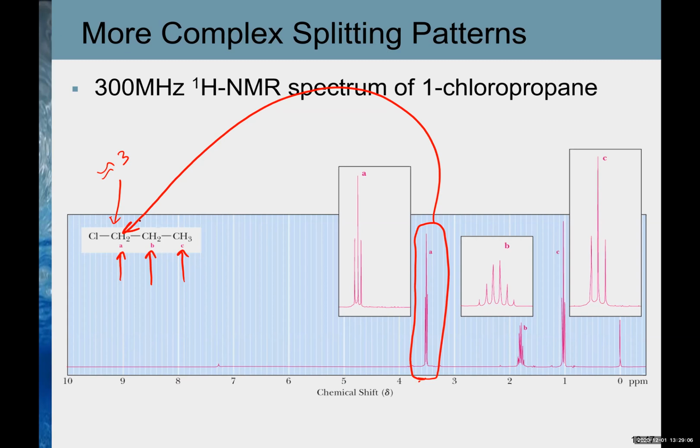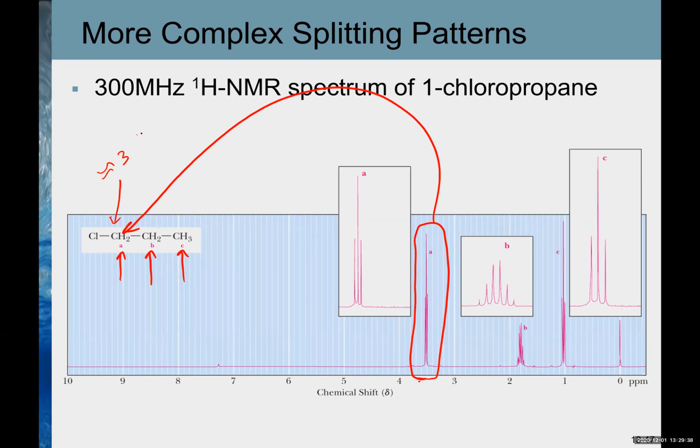So for signal A, how many vicinal hydrogens are present to group A? All hydrogens on B are vicinal to group A, right? So how many vicinal hydrogens are present? 2 of them, right? If 2 vicinal or neighboring hydrogens are present, what will be the multiplicity of group A?